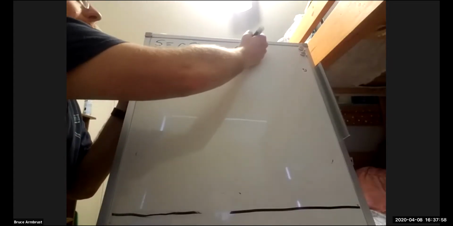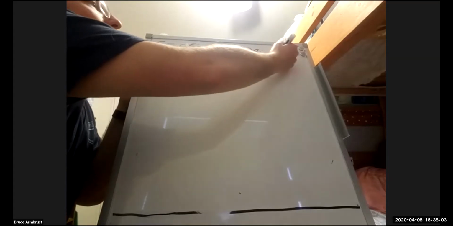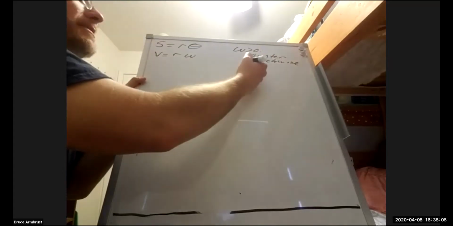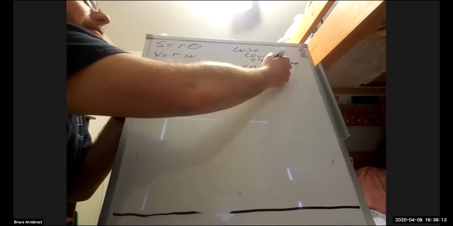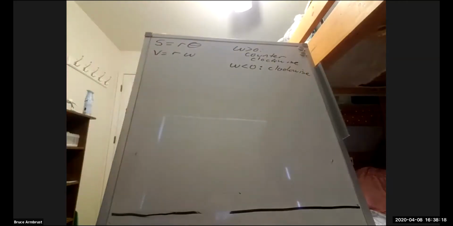So if omega is greater than 0, this is counterclockwise. Or if you learned British English, it's anti-clockwise. If omega is less than 0, it's clockwise. So that's nice. It's the same convention as what we're used to with angles, but it's absolutely going to matter when we go through the kinematics and actually do computations.